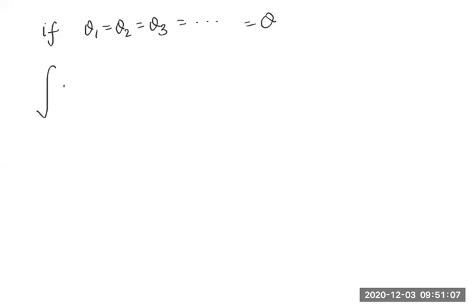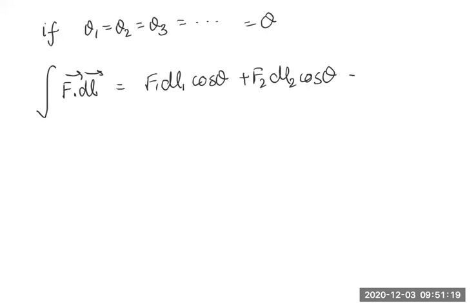In this case, integral f dot dl will become f1 dl1 cos theta plus f2 dl2 cos theta and so on. And here I can take cos theta common. When I take cos theta common, then I'm left with another sum inside the brackets. And this sum I can write as integral f dl.